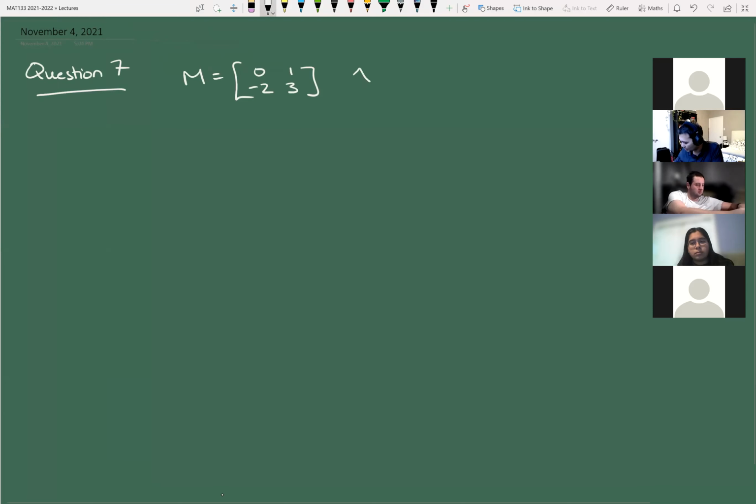Oh no, sorry, we called this A. Lambda is equal to 2. Remember the definition of an eigenvector is anything which satisfies AV equals lambda V. So in our case, we're looking for a vector such that this is true.